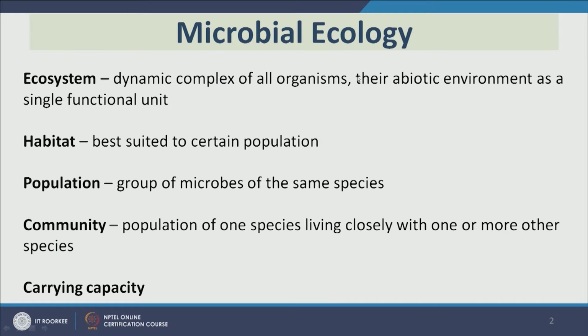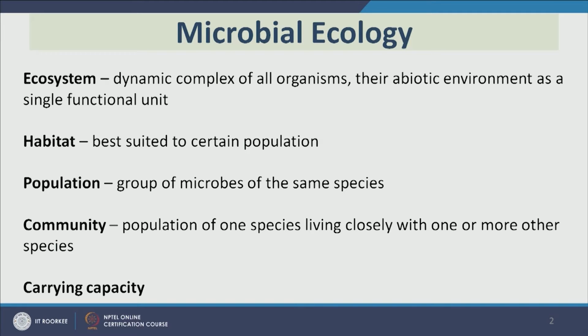The abiotic environment is also a very important part of the ecosystem, and they are treated together as a single functional unit. So an ecosystem is a single functional unit that has living beings and non-living components, and they interact with each other and influence each other.